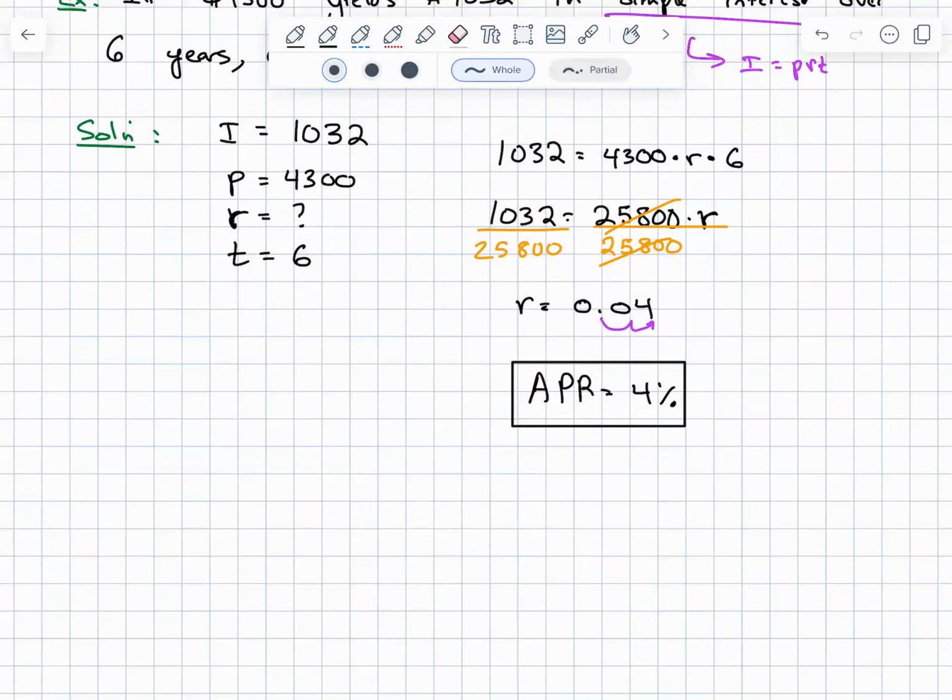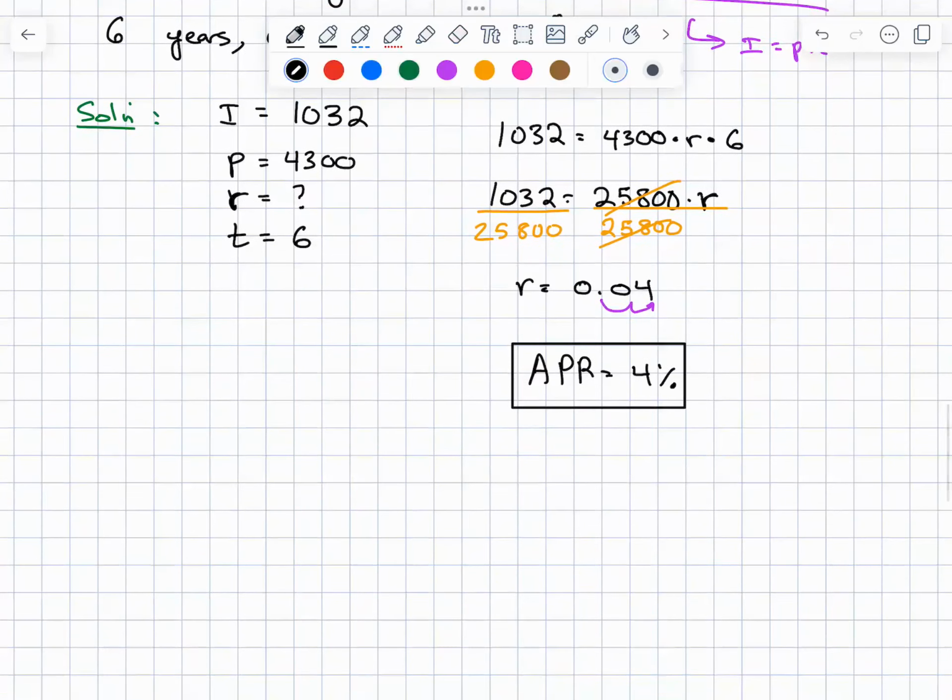All right. Now on to the other side, which would be compound interest.